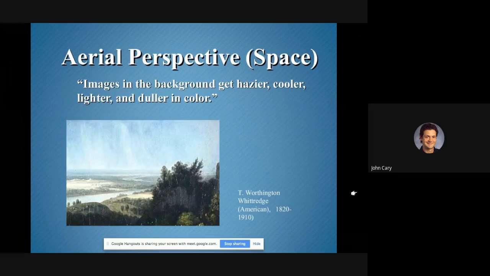Aerial perspective is the phenomenon where as things get farther away from us, they get lighter, fuzzier, hazier because of miles and miles of overlapping water droplets and dust droplets and particles floating in the air.